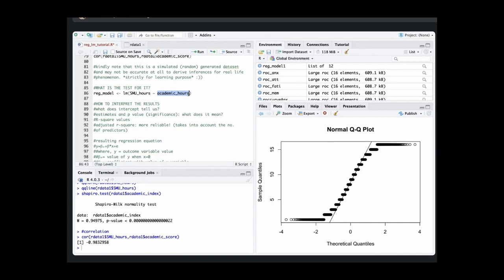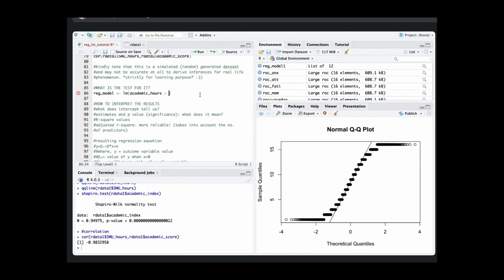Sorry, I did this in reverse, that is my fault. My dependent variable is academic hours, which I have measured.